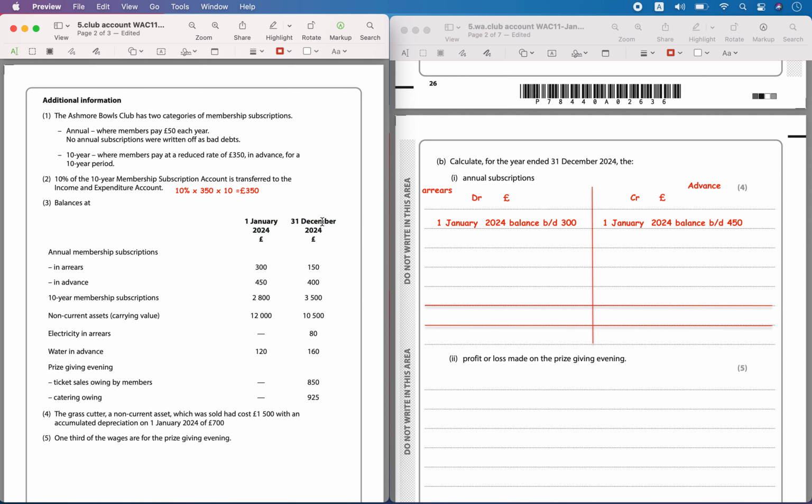On 31st December, the arrears had become 150. And advances had become 400.